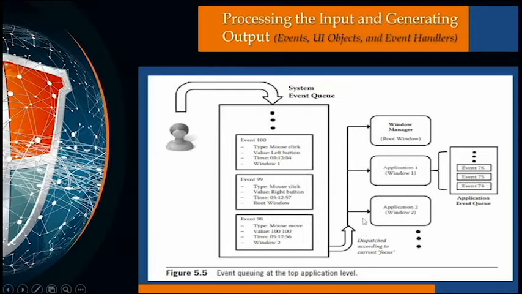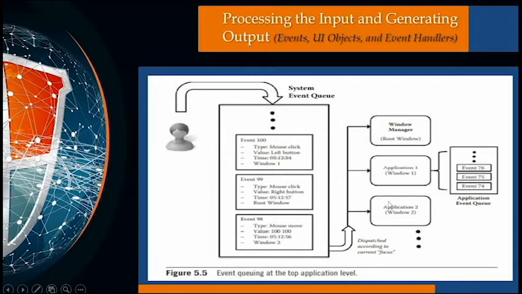So these events are put into a queue by the operating system, then dispatched to the current window in focus. Then, depending on which window it is directed to, it will be invoked to its corresponding handler.